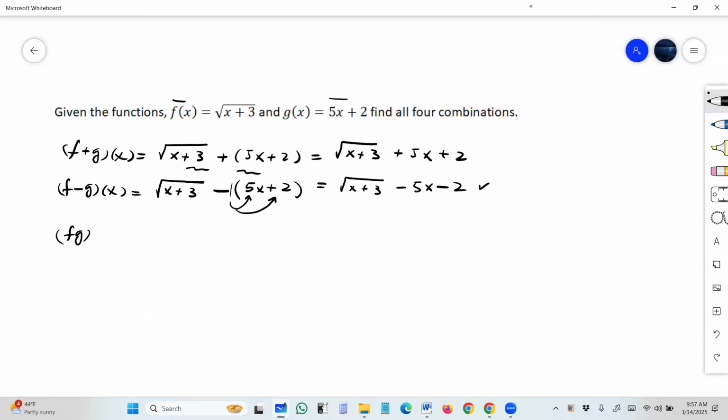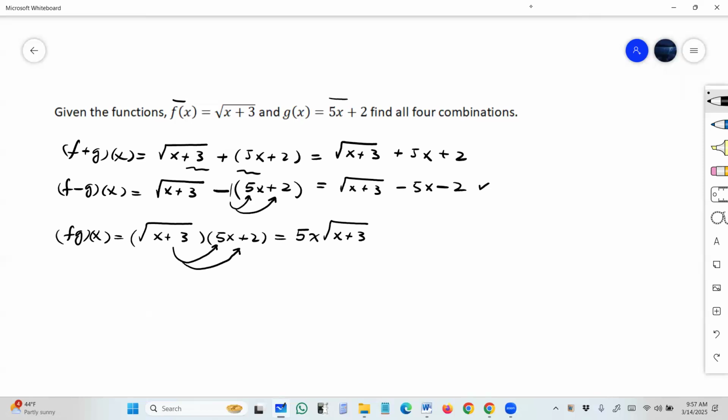Product. F times parentheses g. Okay, so now I have to multiply this whole thing times 5x and times the 2. So normally we write the radical last to avoid confusion. So radical x plus 3 times 5x, I'm going to write 5x radical x plus 3.